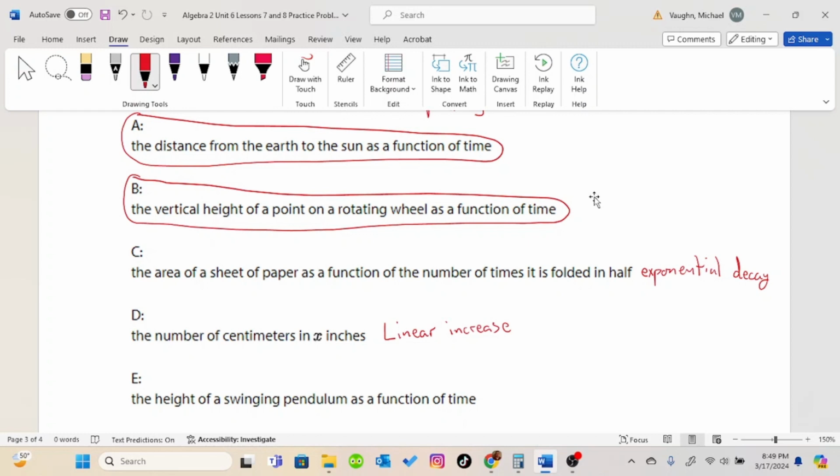While it will never reach the same maximum height again, it will constantly repeat those lower heights. We call this harmonic oscillation, and that is a periodic function.